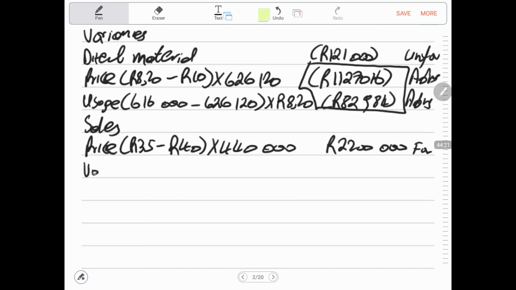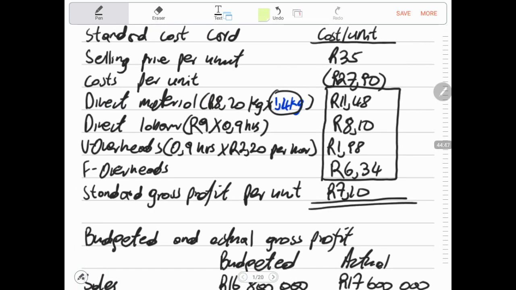Then we come to the sales volume. Now we have what was budgeted and what actually took place, which is that we actually sold 440,000 units instead of selling 480,000 units. In terms of the units, our variance was unfavorable, and we multiply this by the standard gross profit. Standard gross profit per unit was 710 cents.